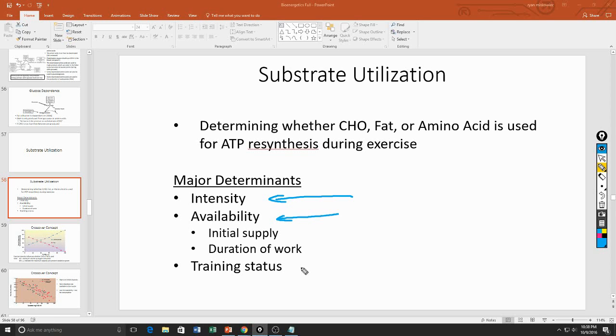And then the other key thing here is training status. Okay, so training status speaks to, well, how well trained you are. And typically, when we talk about bioenergetics, we're talking about training status. The typical assumption is that we're talking about endurance training.